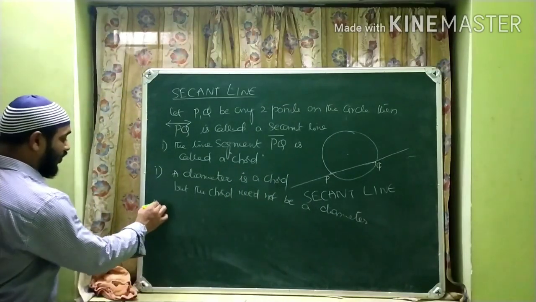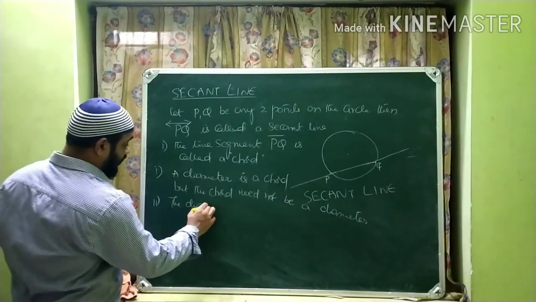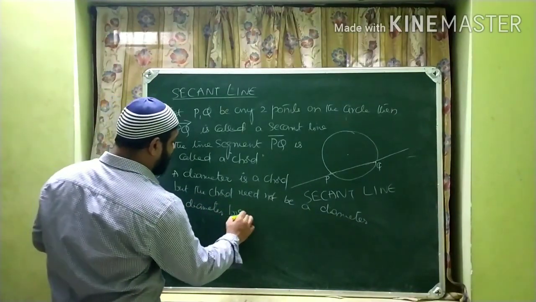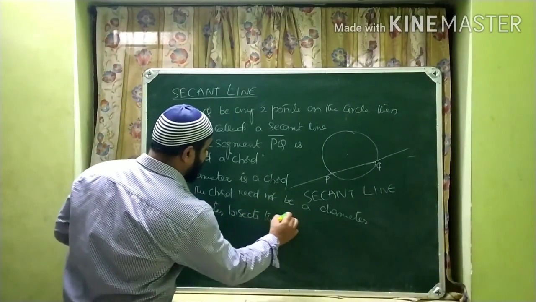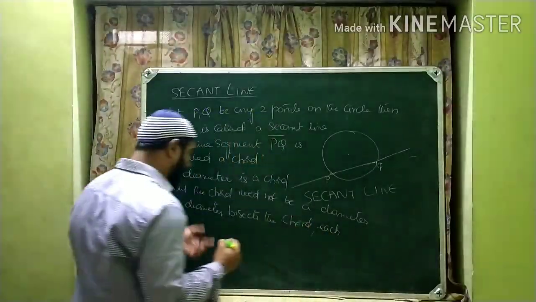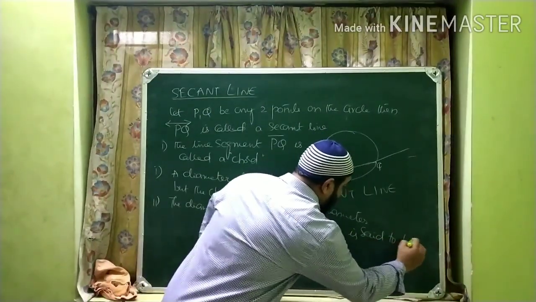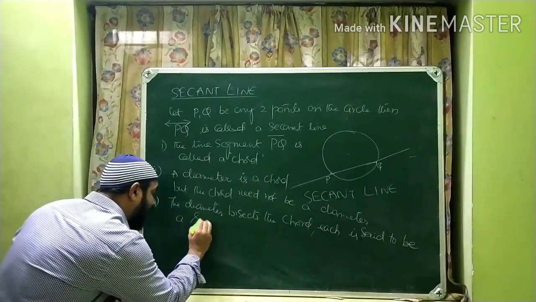And the diameter bisects the circle, and each part is said to be a semicircle.